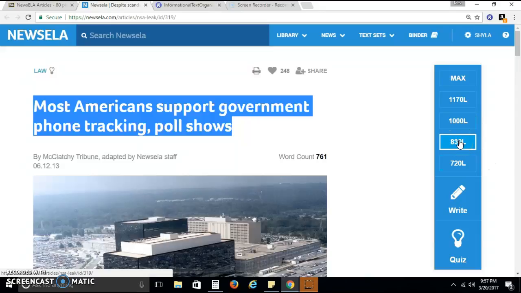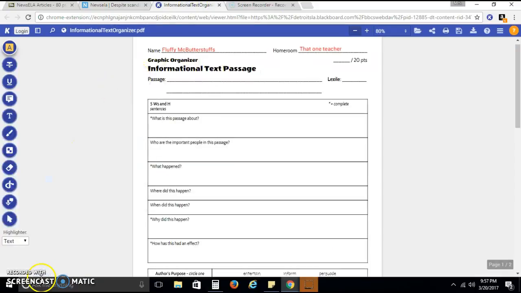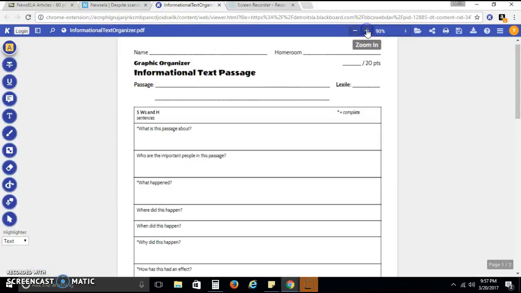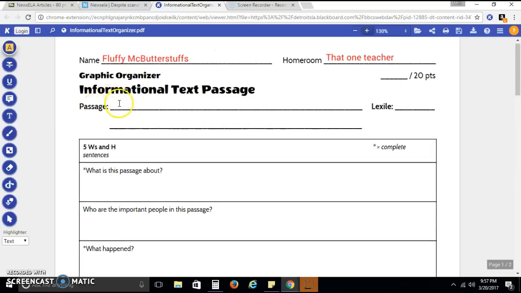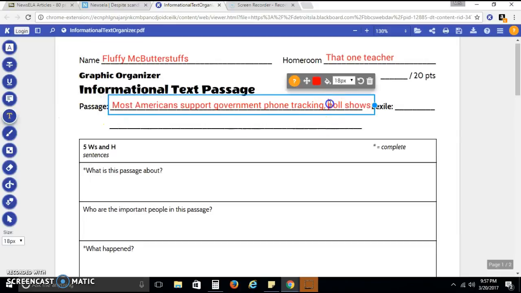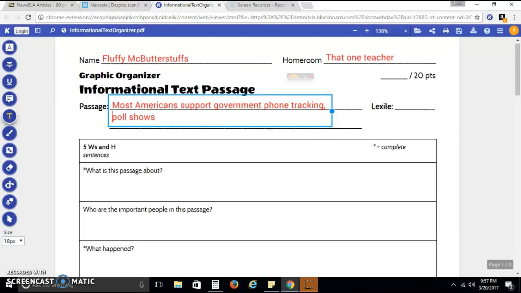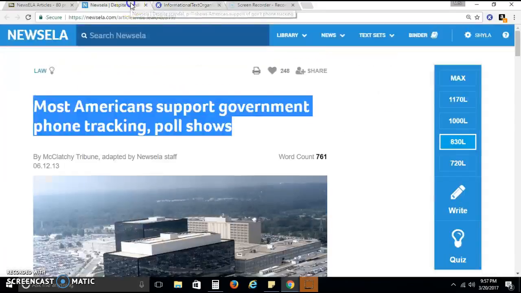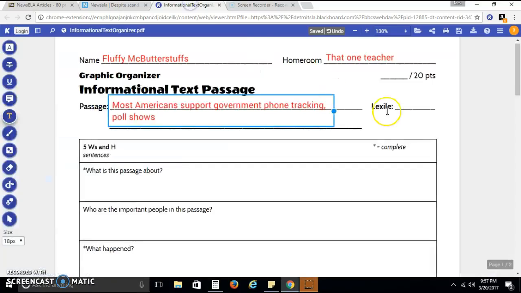Obviously, the title and the text, but not the information of the article, would change if I chose a higher or lower Lexile level. All right, so on my organizer, the first thing I need to do is write the name of the article that I'm using. All right, and I need to grab my Lexile level, which was 830L.